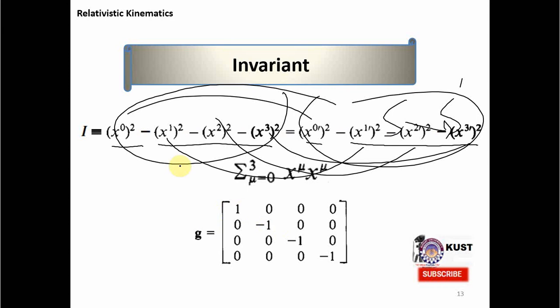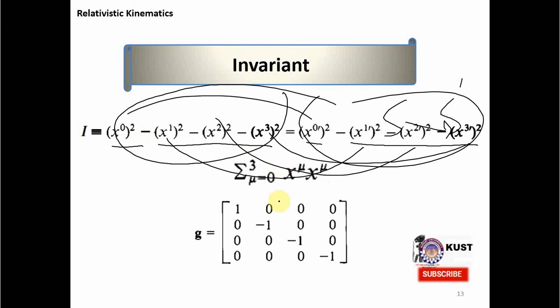Sometimes there are negative signs over here, and it is a convention to put negative signs on the space coordinates. You can also have the opposite convention, in which you put the minus sign over here and plus signs over here. These are two conventions which you can use.